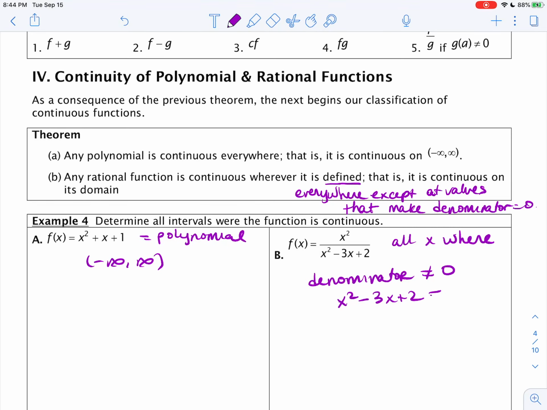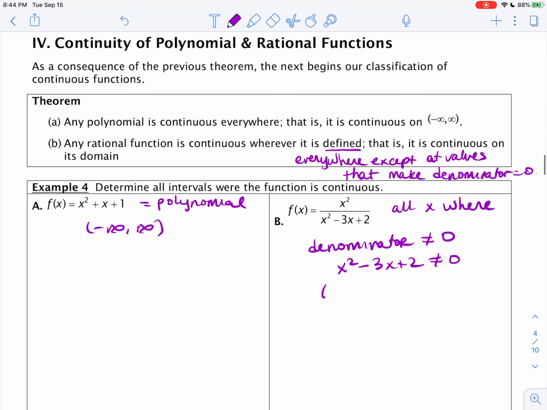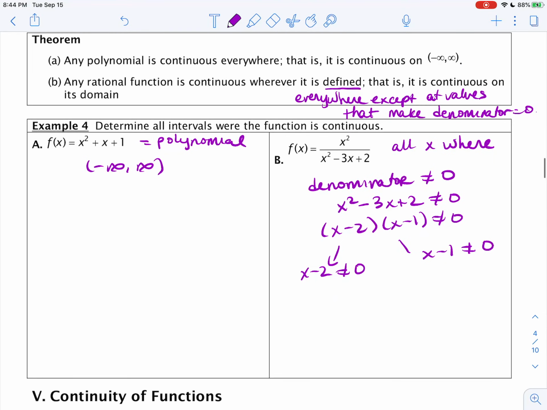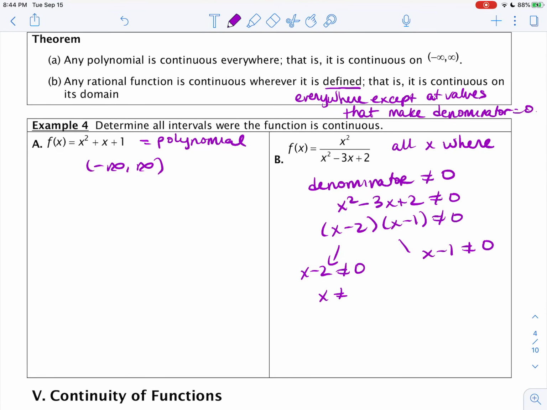So we want x squared minus 3x plus 2 can't be equal to 0. If we use the factor property, you can also use the quadratic formula if you would like, this is x minus 2 times x minus 1 can't be equal to 0. So that means x minus 2 can't be equal to 0, and x minus 1 can't be equal to 0. So x can't be equal to 2, and x can't be equal to 1.